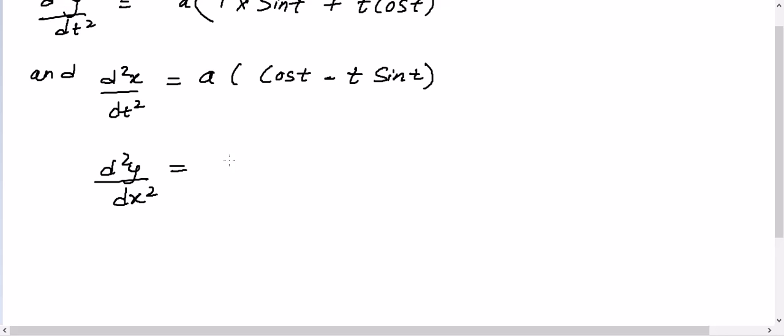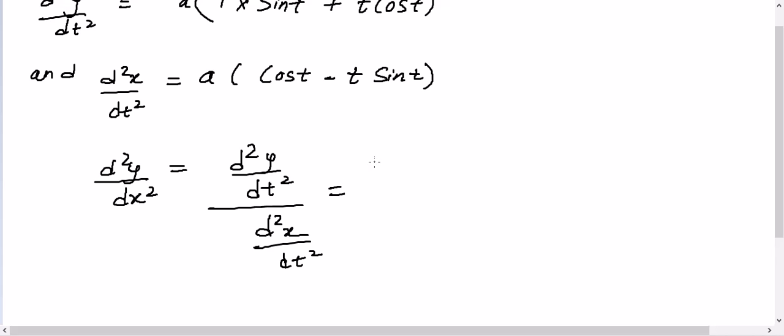So that will be the second derivative of y with respect to t, divided by the second derivative of x with respect to t.